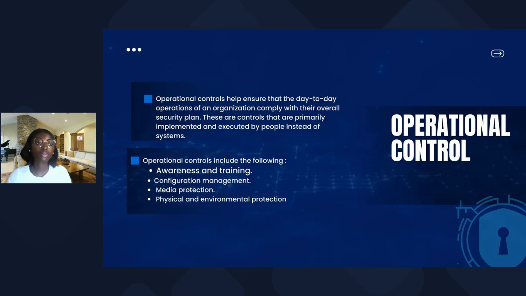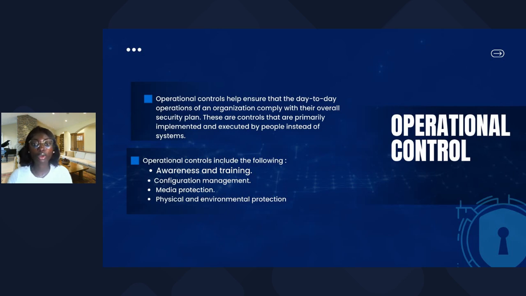And a reminder that operational controls are actually implemented by people, right? These are the people who perform day-to-day operations, and they do this to ensure that, at the end of the day, everybody complies with the organization's overall security plan, right?